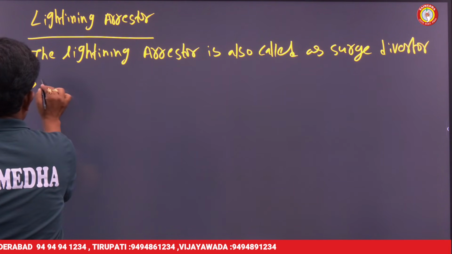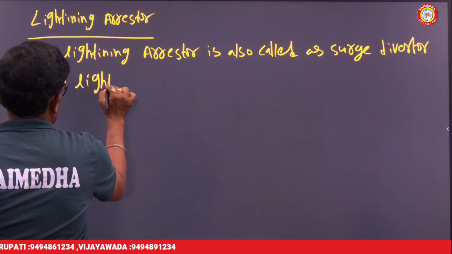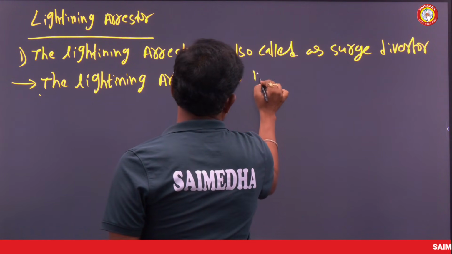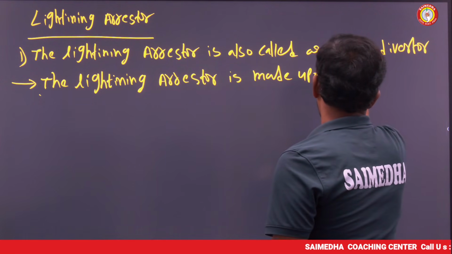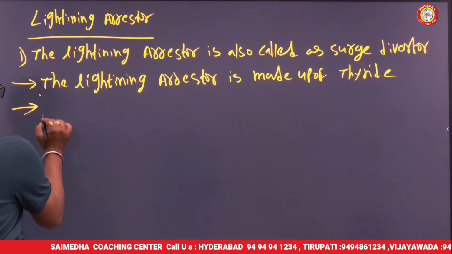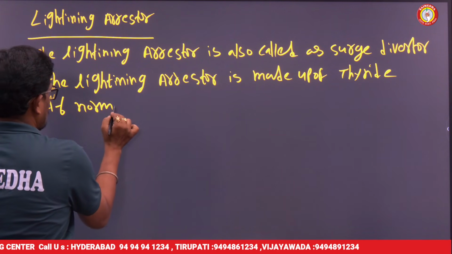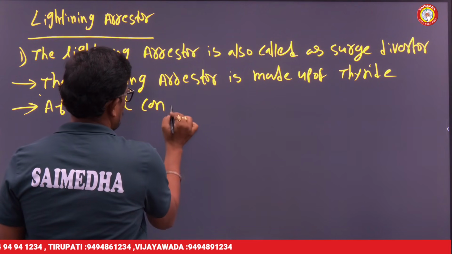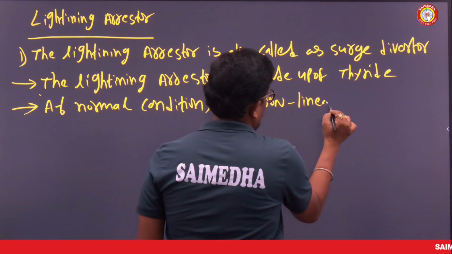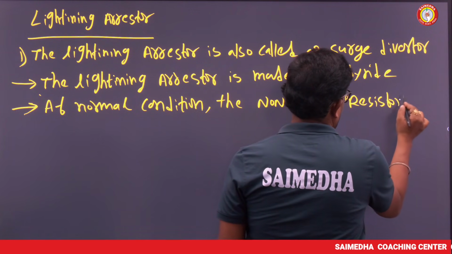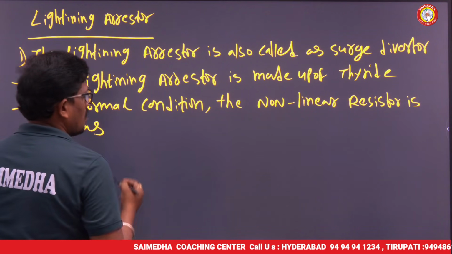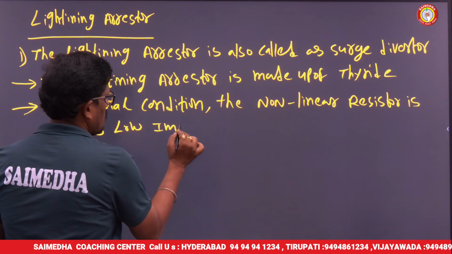Second, the lightning arrestor is made up of thyrite. Next, at normal condition, that means there is no fault, the non-linear resistor acts as a low impedance path.